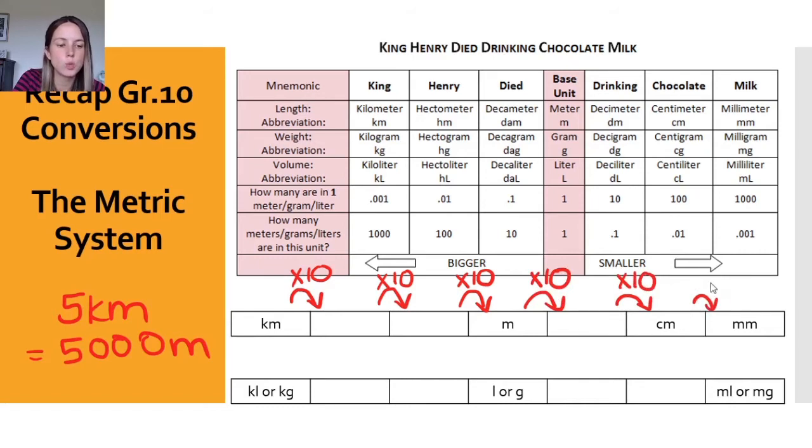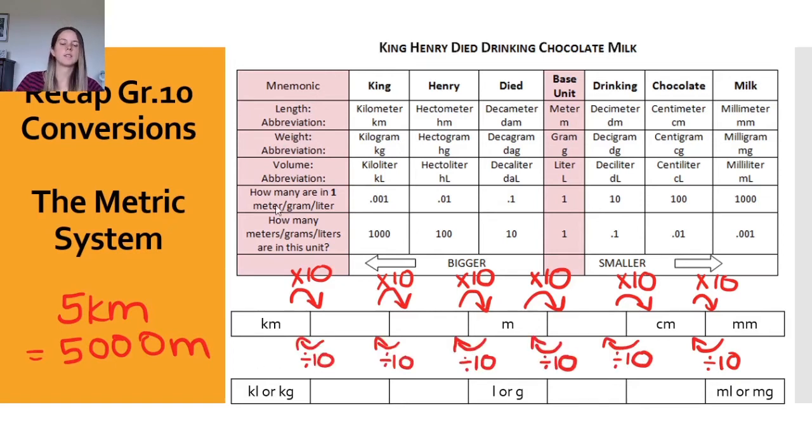If you go smaller, so you have a big unit and you want to go to the smaller unit, like kilometers to meters, or meters to centimeters, or centimeters to millimeters, times by 10. If you are going from small to big, then you divide by 10. Each jump divided by 10.